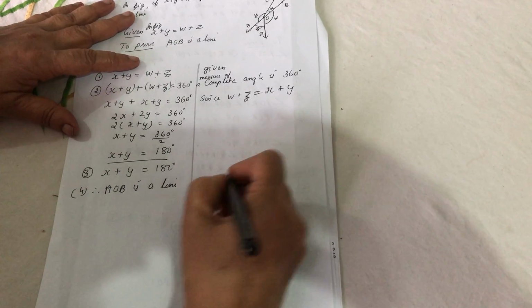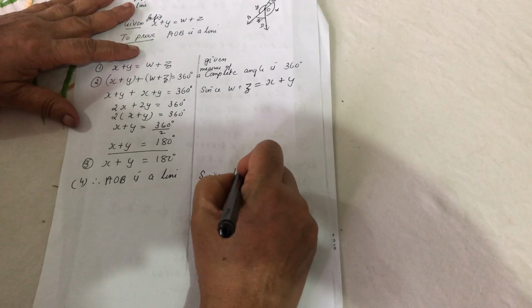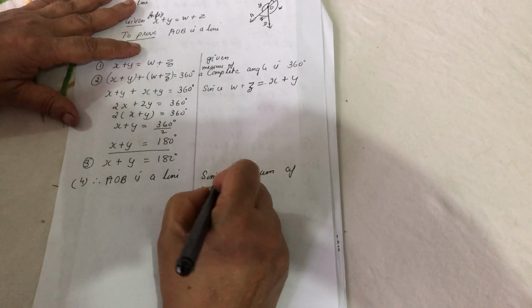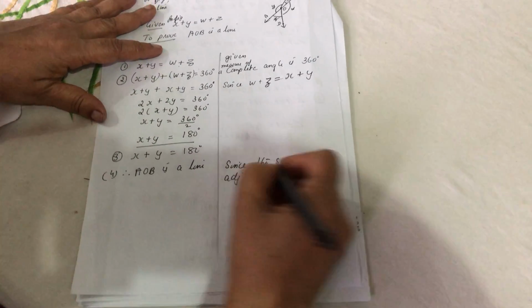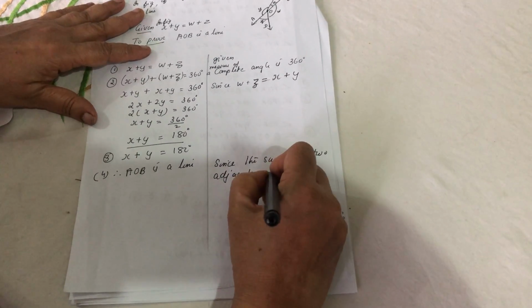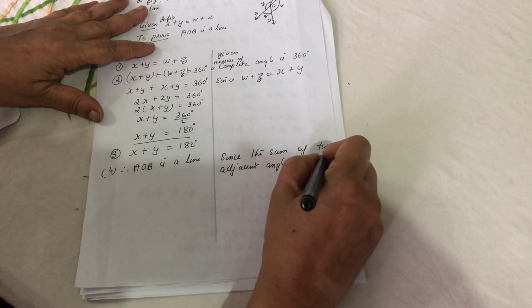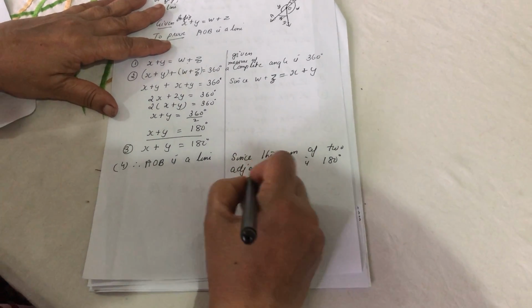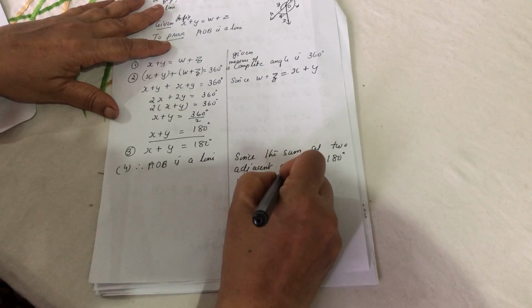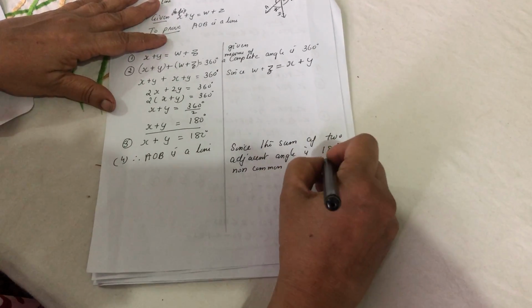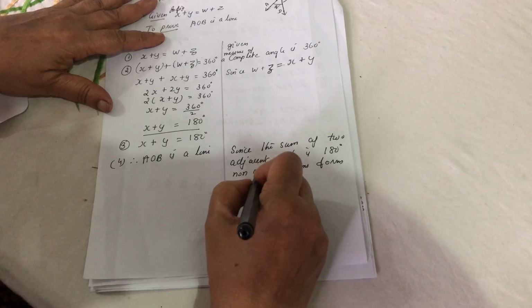What is that? Since the sum of two adjacent angles is 180 degrees, non-common arms form a line.